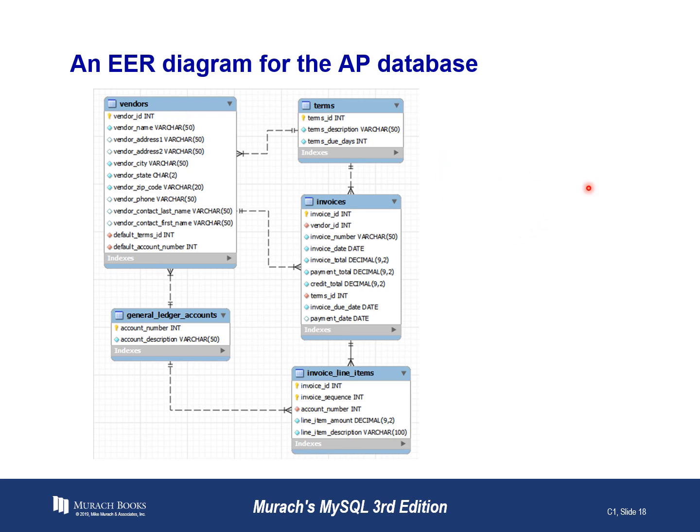We won't go into a lot of details here, but some of these lines and the endings of the lines also have special meanings. So that's the ER diagram, or enhanced entity relationship diagram. For now, just know that an entity relationship diagram can be used to show how the tables in a database are defined and related.